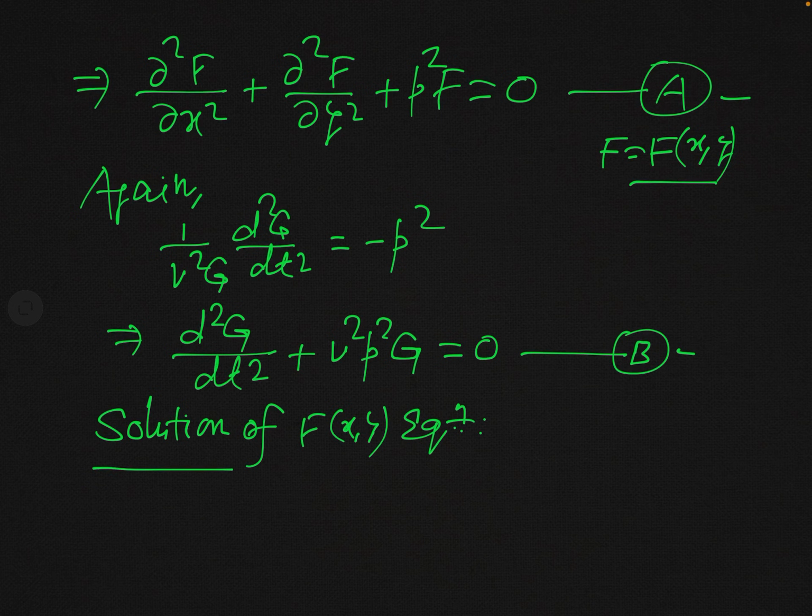Separately we will solve equation A and equation B, and after that we will get the complete solution of the wave equation. Now you can see this equation A is actually a partial differential equation. So again we will make use of the variable separation method to solve this equation.